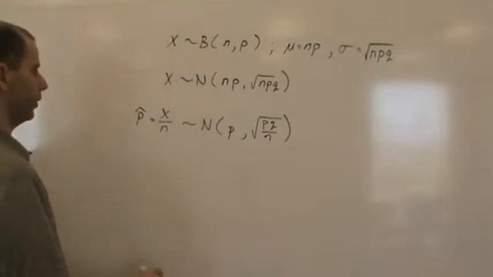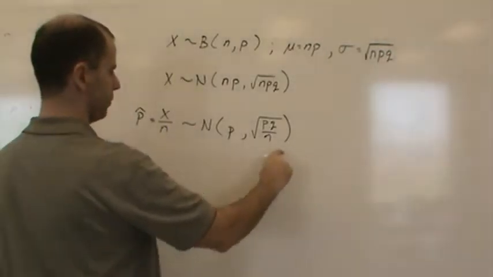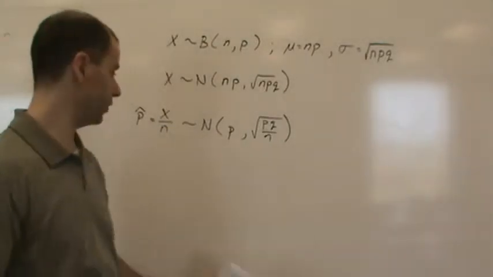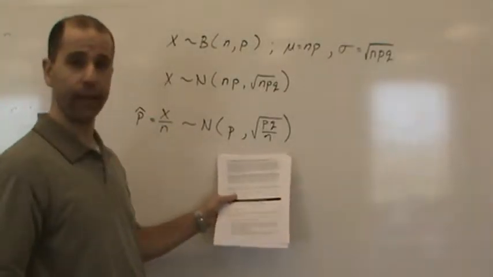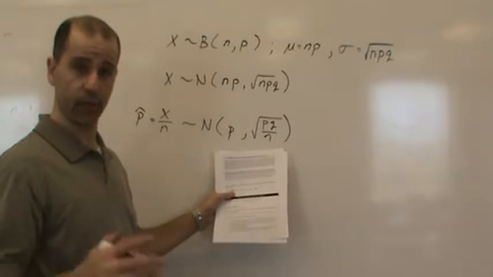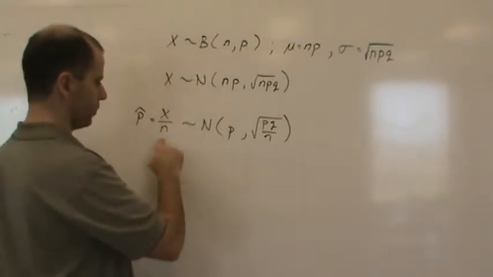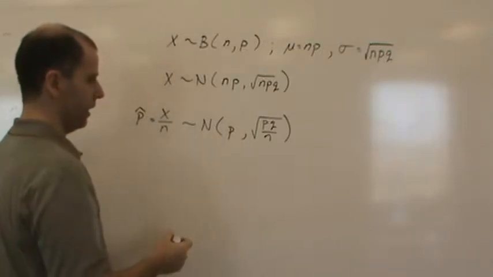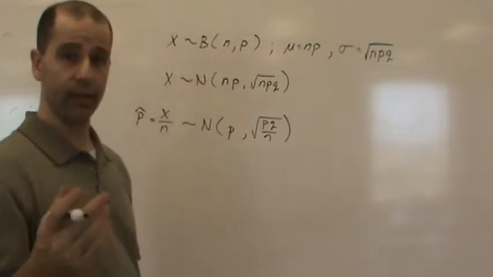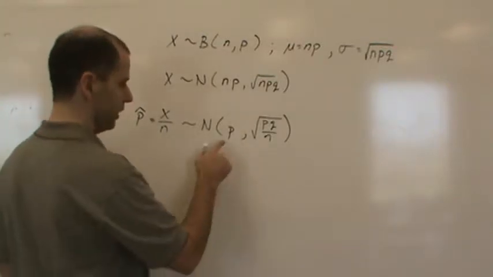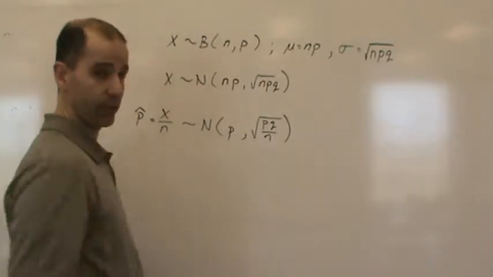Okay, so what we're going to do is use this distribution for constructing a confidence interval. So we need to know the distribution of p hat, the sampling distribution. So again, this is chapter 7. If we know that the sampling distribution is this, then we could calculate the confidence interval based on this normal distribution, as long as we use this as the standard deviation.